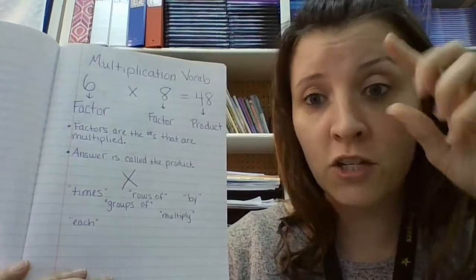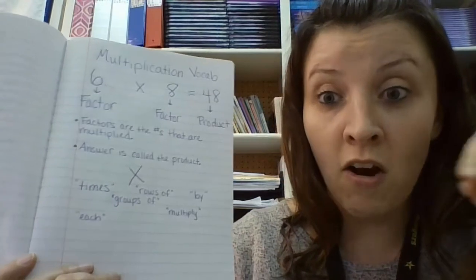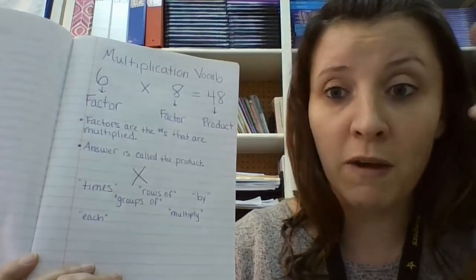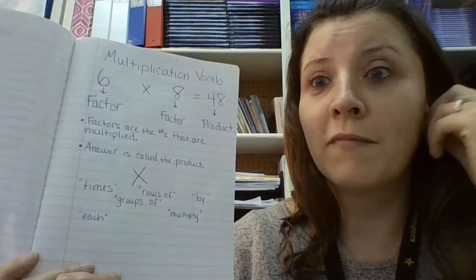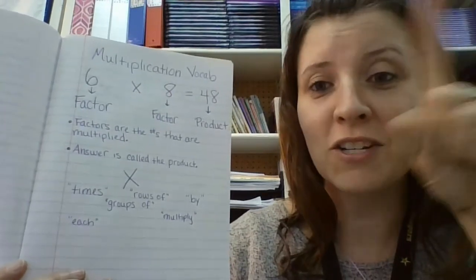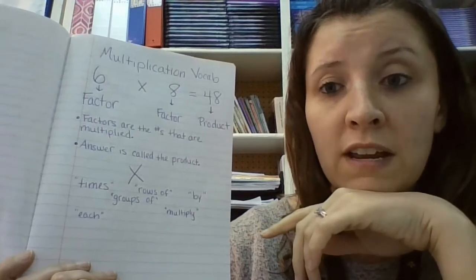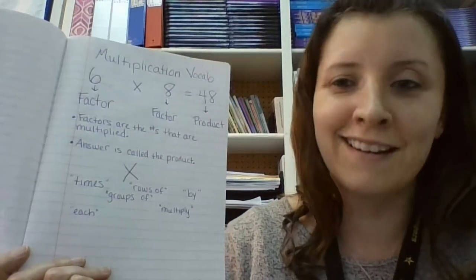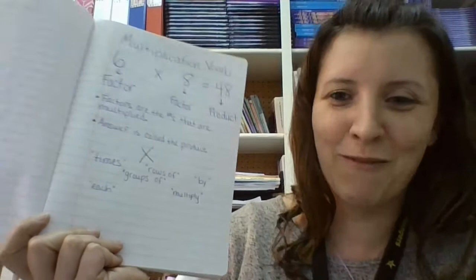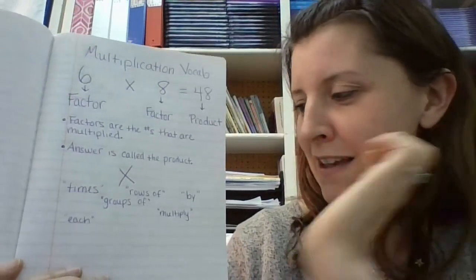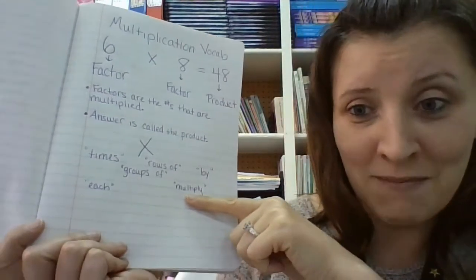Well, those are the dimensions on the piece of wood. It's 2 inches by 4 inches. Not technically, but that's what it is. So by means multiply, and that helps us when we talk about area, which is a few units from now, so don't worry if you don't know what that means. Multiply, of course, means to multiply.